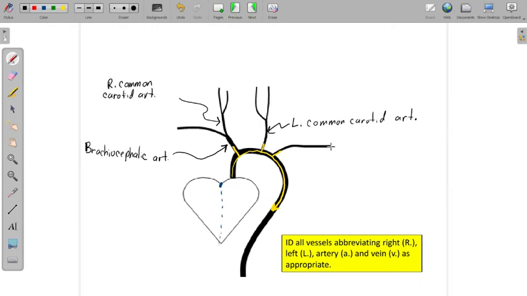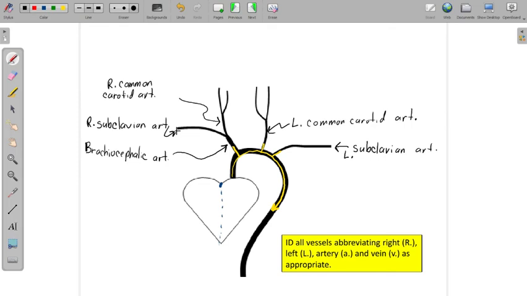And let's do these. So we have a left subclavian artery. Oops, I forgot the L for left. And this would be our right subclavian artery. It's good to put in right or left. Right subclavian artery. There. Okay?